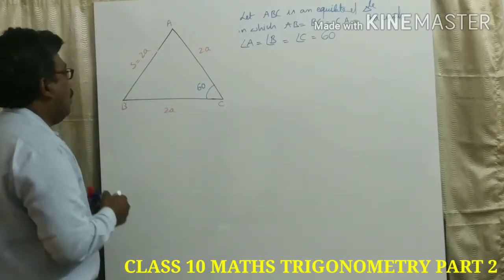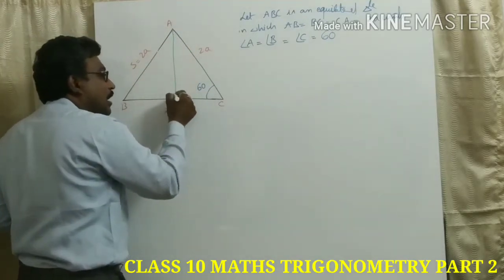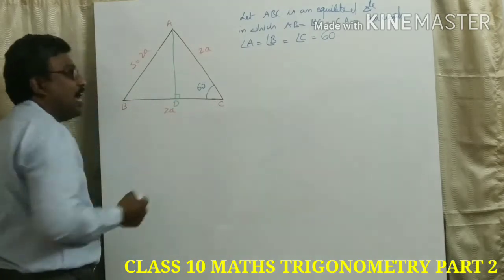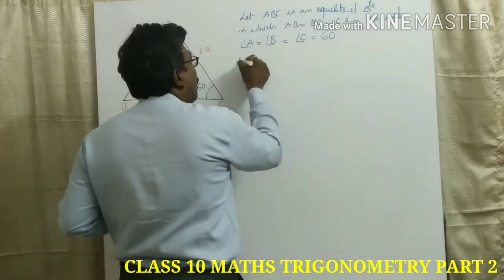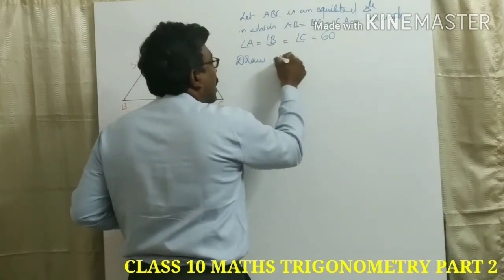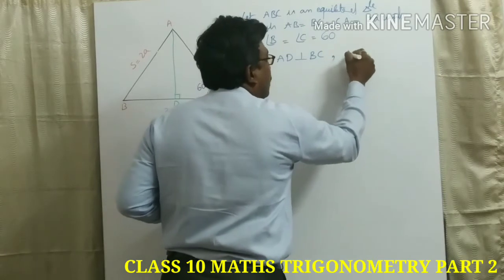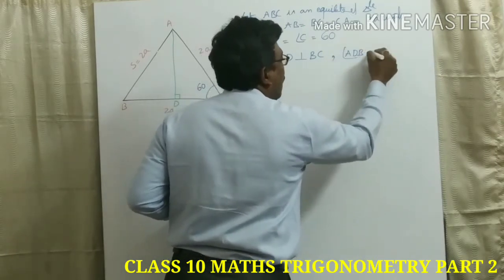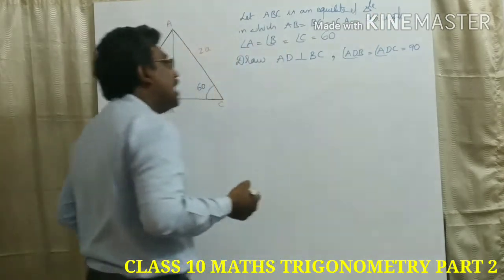Now, I am drawing an altitude. It is an altitude, 90 degrees. So, draw AD perpendicular to BC. That means angle ADB is equal to angle ADC is equal to 90 degrees.